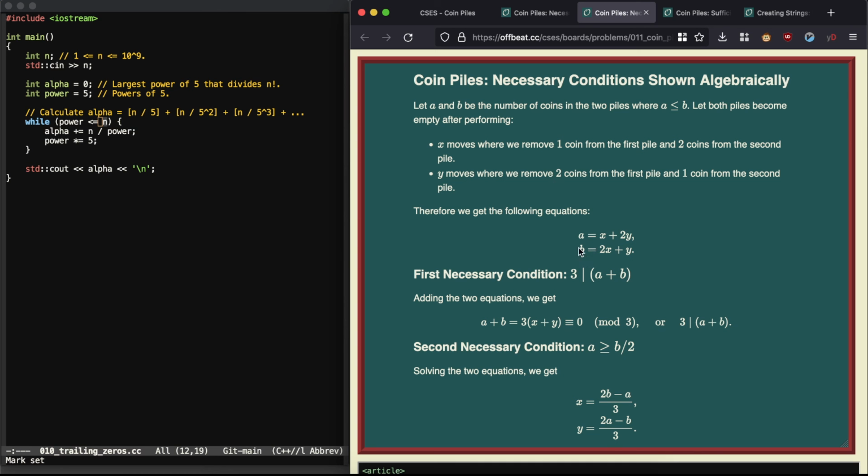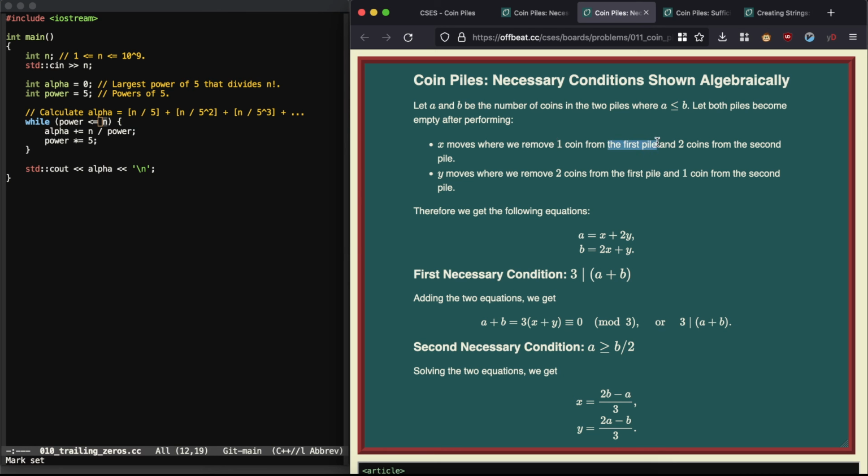So we get these equations. Let us take a look at it carefully. We had a coins in one pile and b coins in the other pile. So let us consider the pile that had a coins. How did we make that pile empty? We're calling that the first pile.